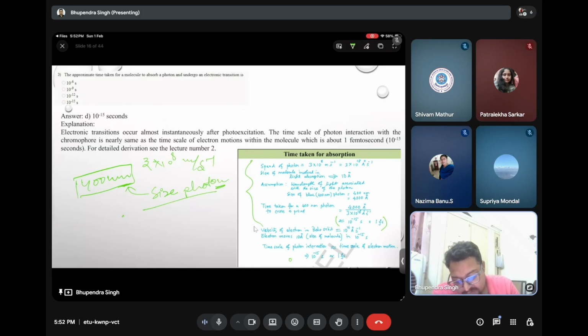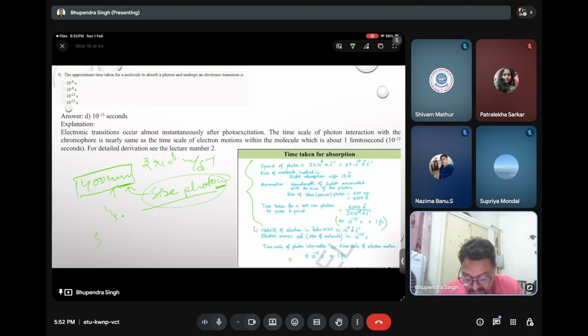To cross this point, the light has to travel this distance equal to the size of the photon. This is the zero point, and this is the size of the photon. Just like a train passing a point, we have to take the length of the train to calculate the speed and time.